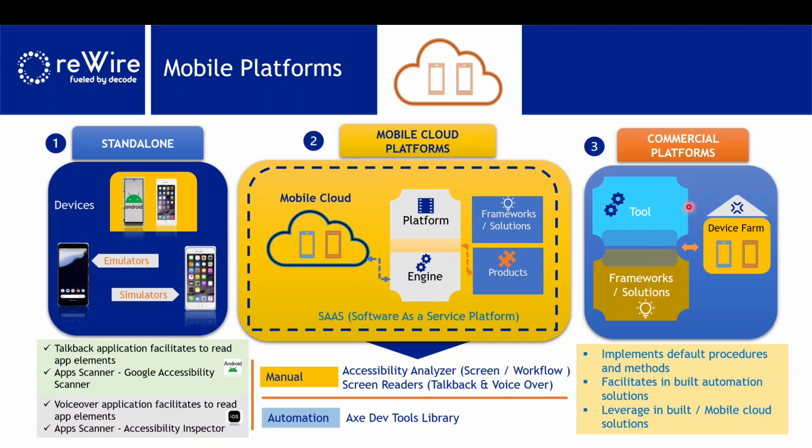At the same time, they have their own device cloud that is integrated with their tools, and a few of the tools are also integrated with the mobile platforms as well. It depends, because each customer has their own partnership, right? So to meet enterprise customers' needs, they have partnerships with mobile cloud solutions as well. When these tools started, they did not have this kind of device farms.